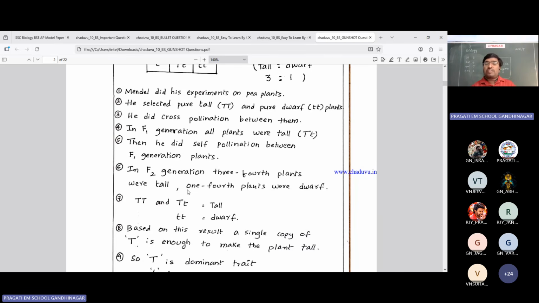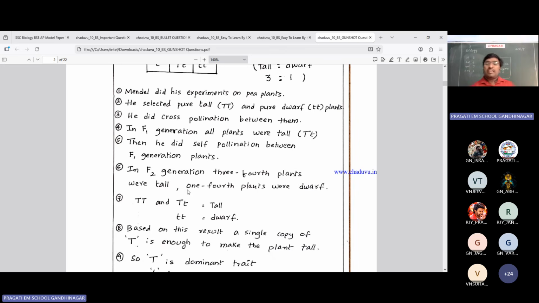In F2 generation, 3/4 plants, 75% of plants, were tall plants. 1/4 plants, 25% of plants, were dwarf plants. So here, if it is capital T in the trait, or capital T and small t, it should be a tall plant. Or if it is a small t condition, it is a dwarf plant.